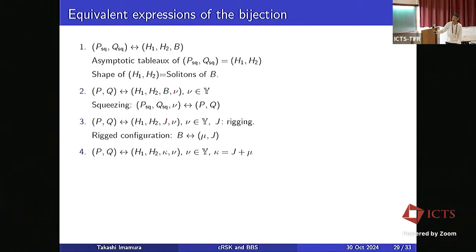So we omit mu, and we just put J here. For technical reasons, this J is changed to J plus mu like this. This is kappa. The final expression is the one that I presented in the first slide, the most convenient form for the application of the Cauchy identity.